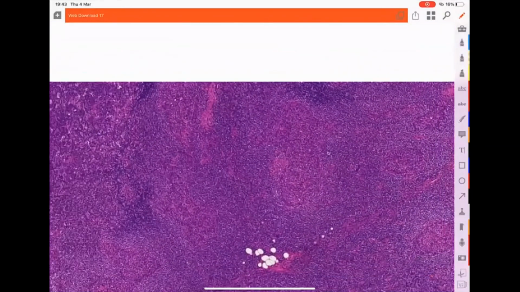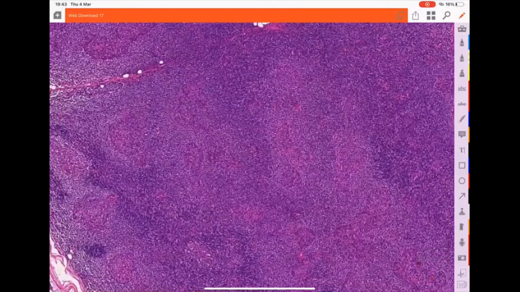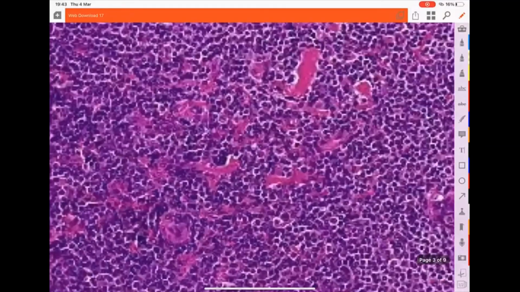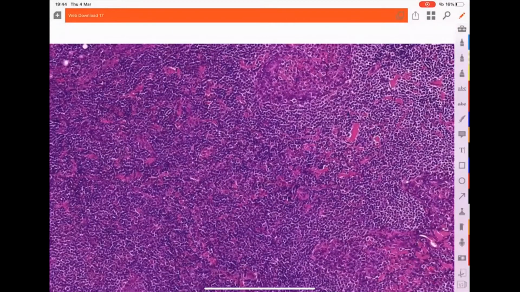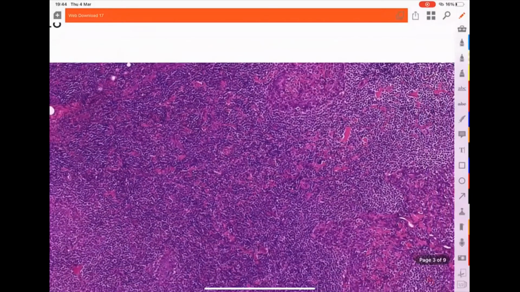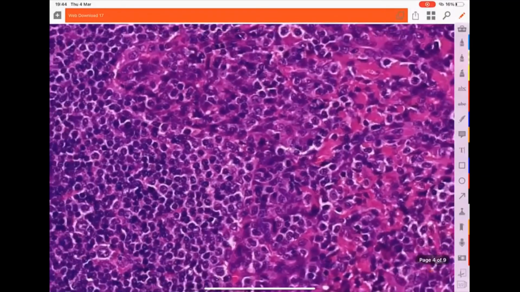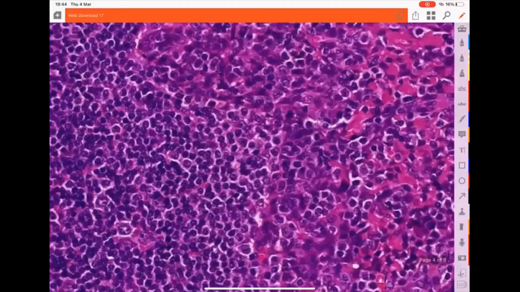Whenever we deal with a lymphoid infiltrate, we have to apply the rules. And the rules say clearly that you need to look into the pattern of distribution. Is it diffuse or is it nodular? So you can work it up. The second thing is that you need to look into the morphology of the cells to tell me if these are small cell size, intermediate lymphocytes, or large lymphocytes, okay?